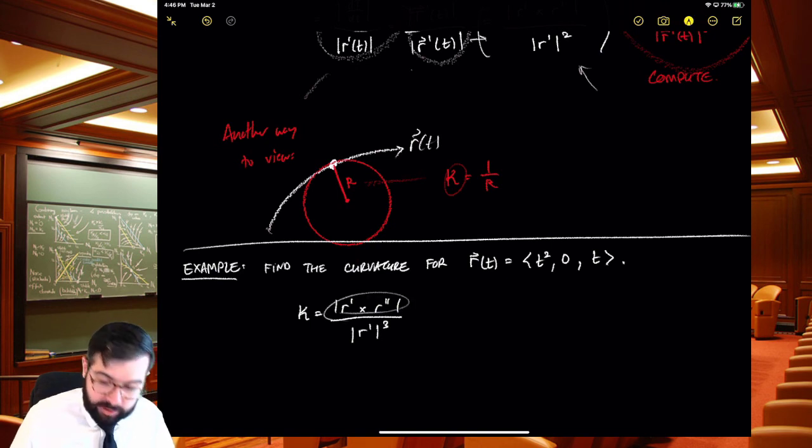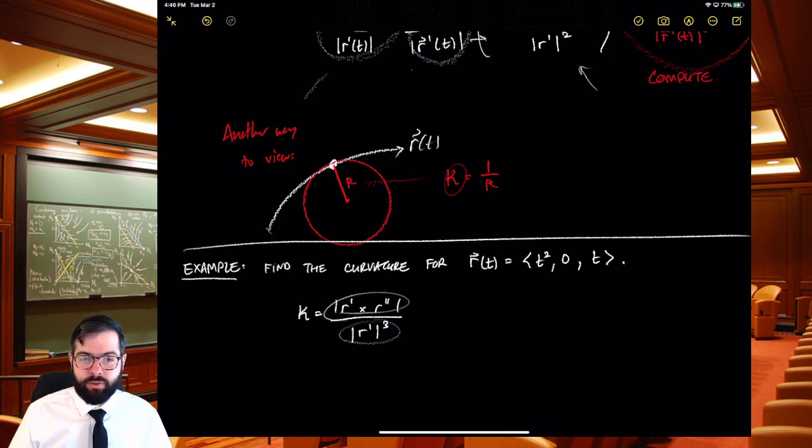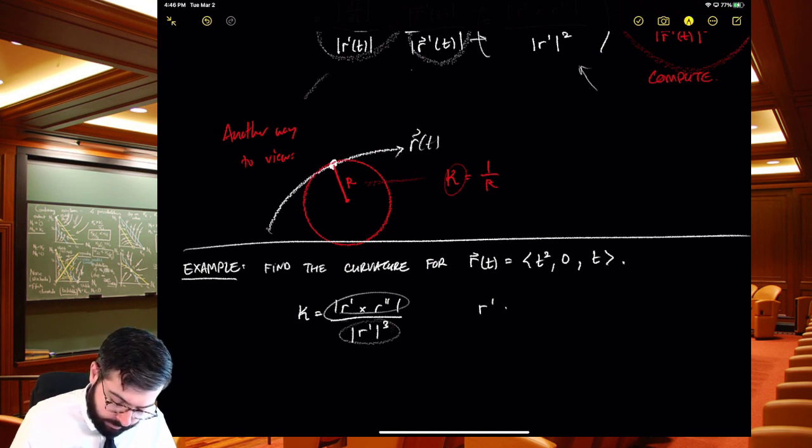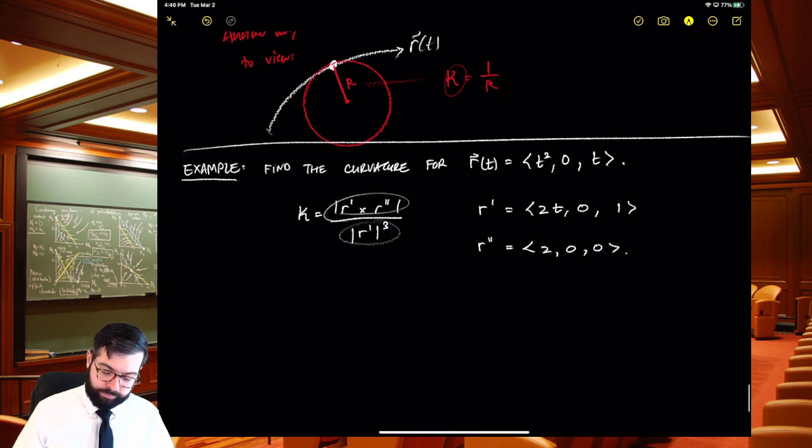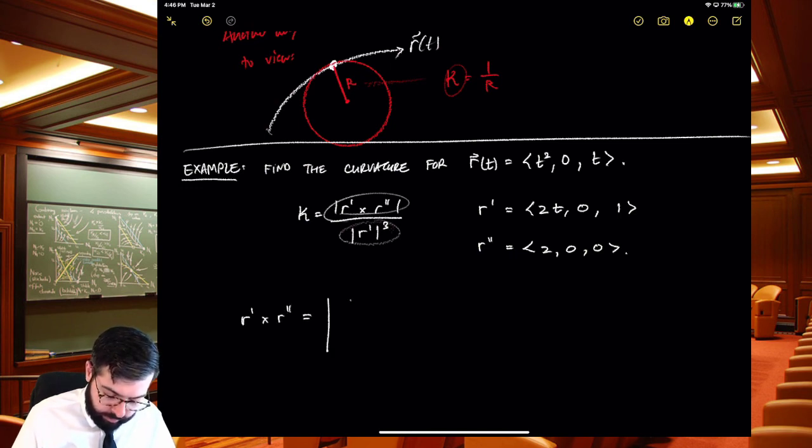So you'll need to take a cross product up here, and you'll need really just the first and second derivatives, the tangent vector and the second derivative of r, to compute this. So set yourself up with these two, and then you'll need to compute the cross product.